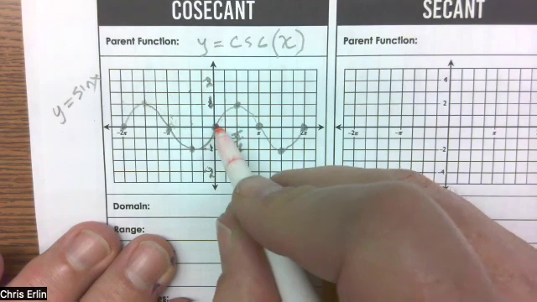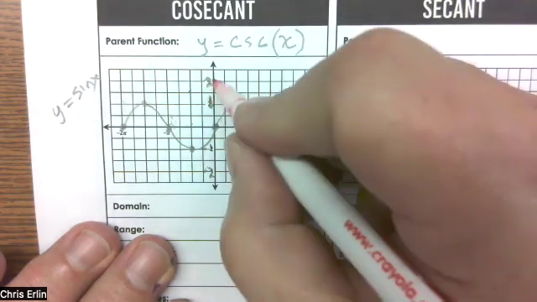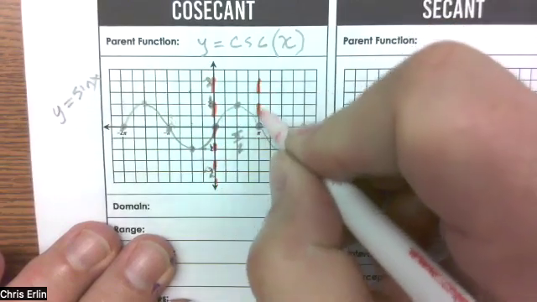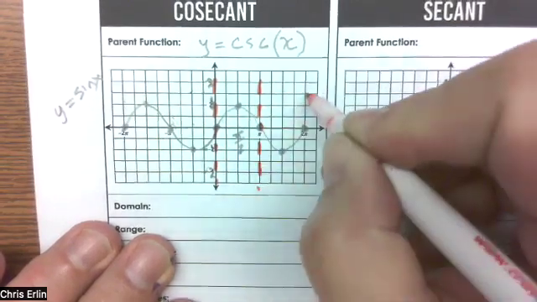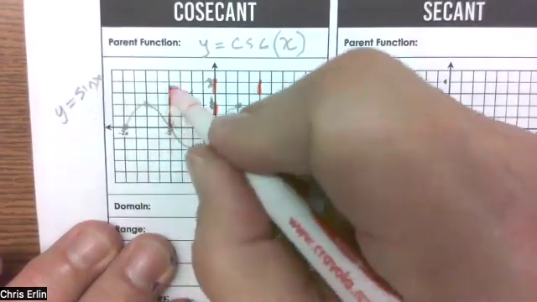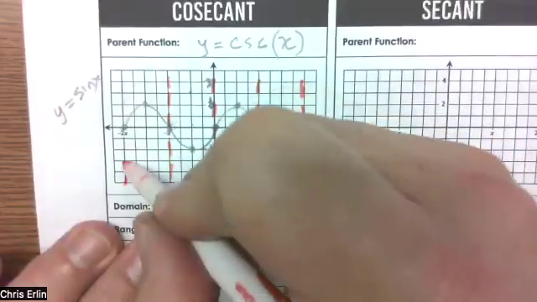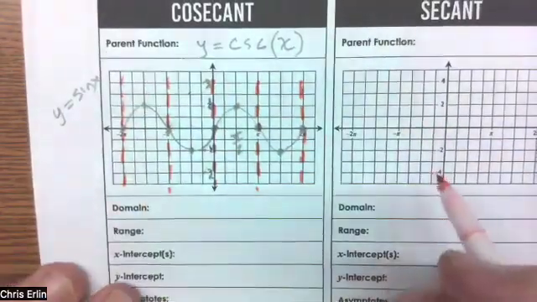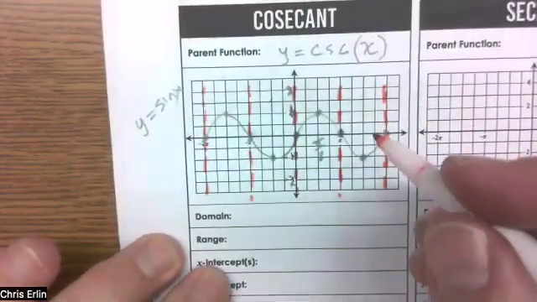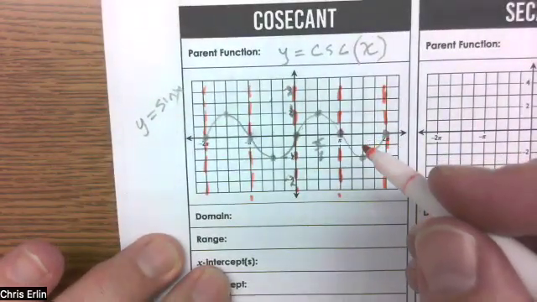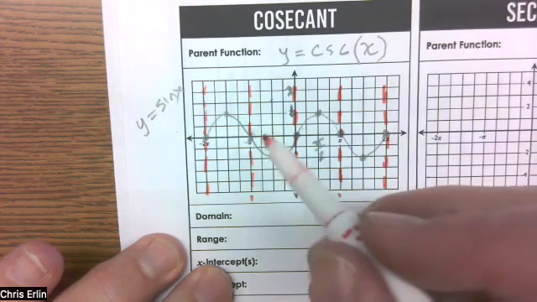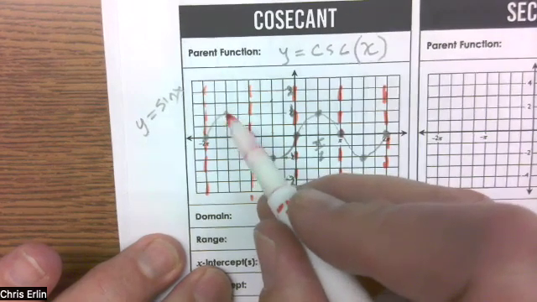In other words, I'm going to take all my 0 points and turn them into asymptotes because those points are now undefined. Colors help.